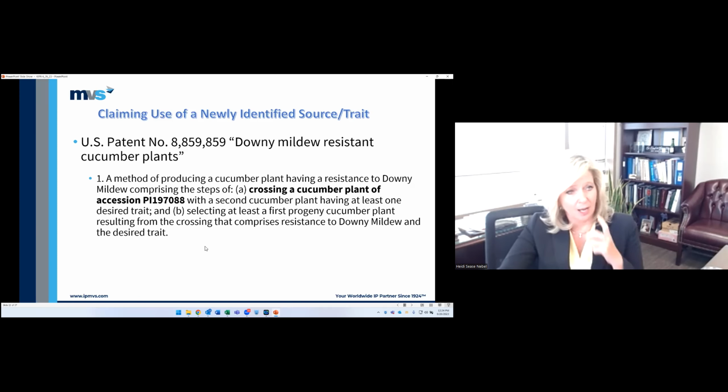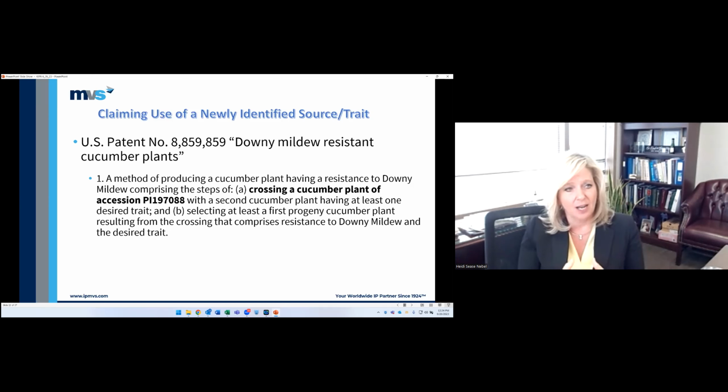And then here's the thing that I was talking about earlier, where we're trying to get away from transgenics, maybe, to introduce new traits. So we're looking for an exotic source of germplasm. Here they found this accession, P197088, that had this resistance to downy mildew, and then bred that into a variety that could be reproduced.